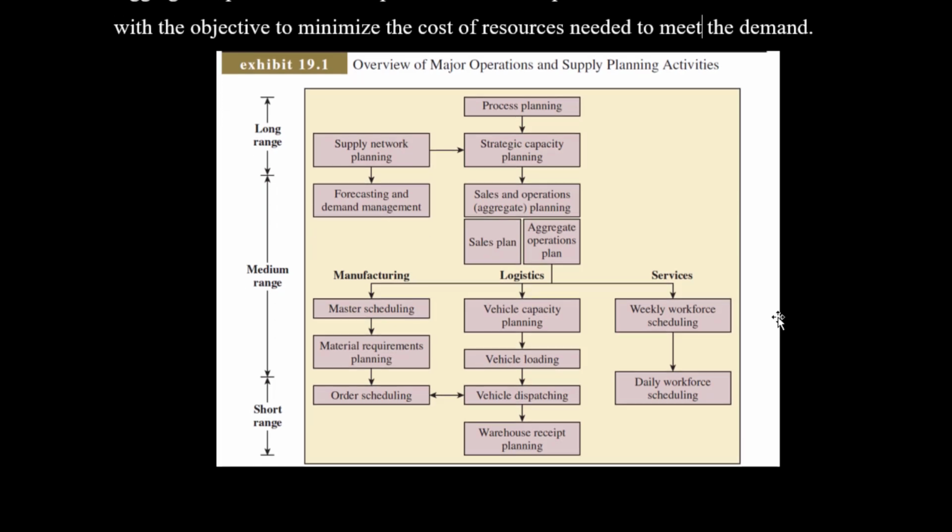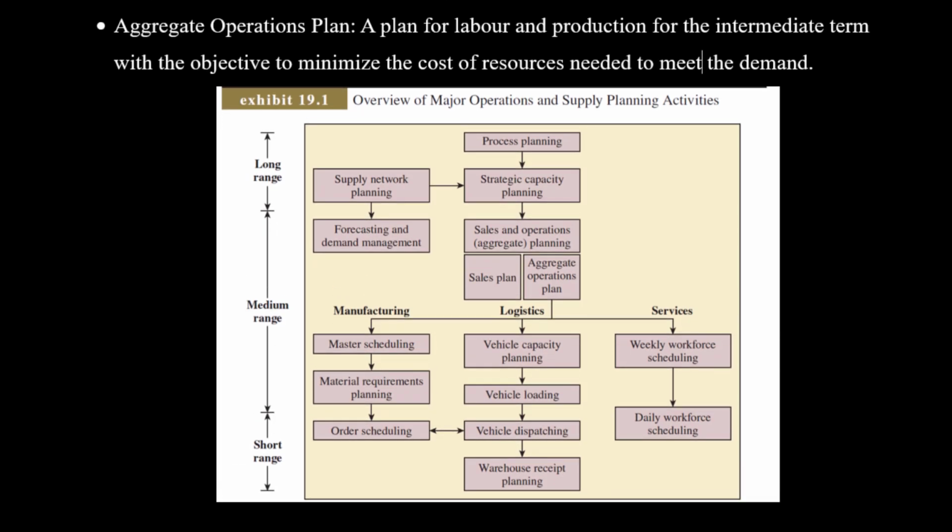So if you look at this schematic diagram from Jacobs about the overview of major operations and supply planning activities. The long range planning, which is usually 1 year, involves almost a year.